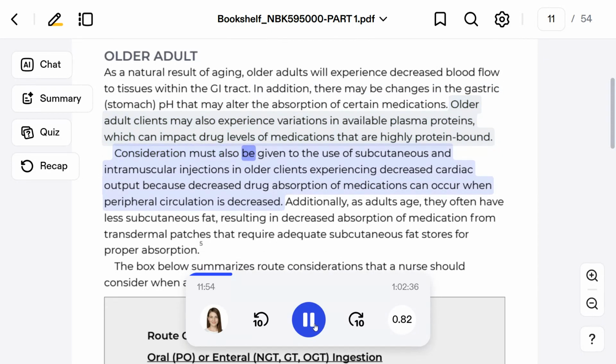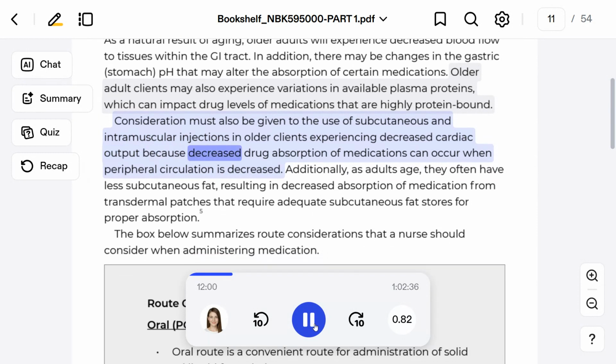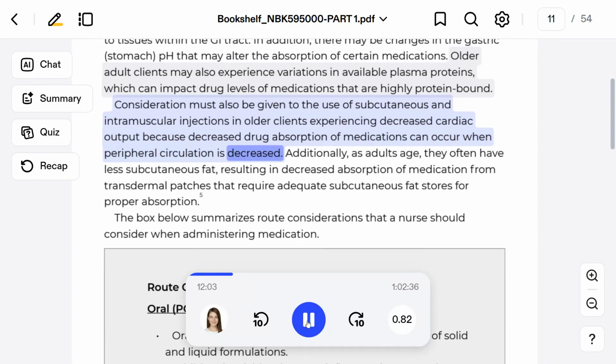Consideration must also be given to the use of subcutaneous and intramuscular injections in older clients experiencing decreased cardiac output, because decreased drug absorption of medications can occur when peripheral circulation is decreased.